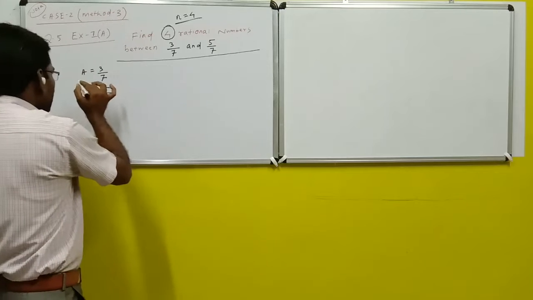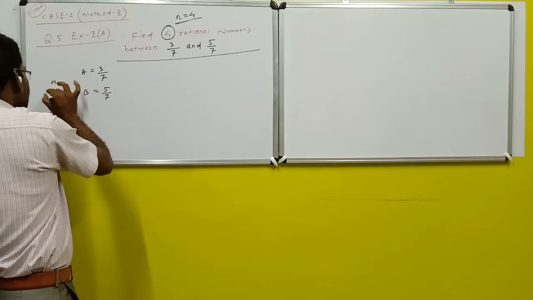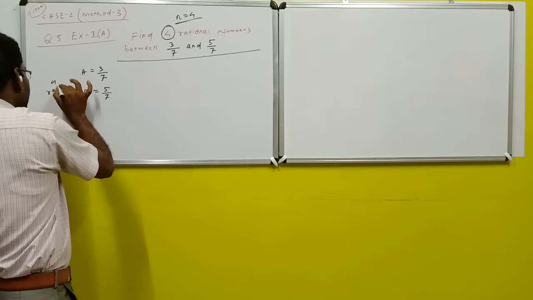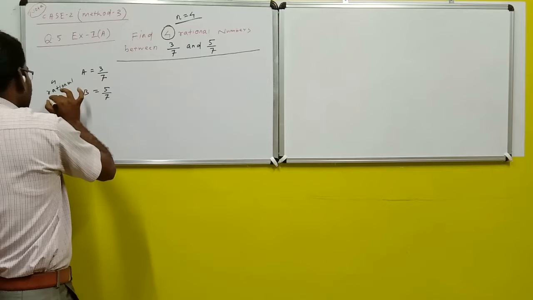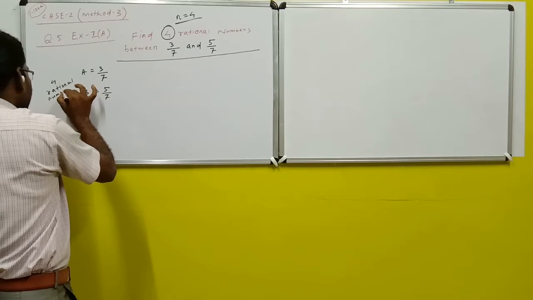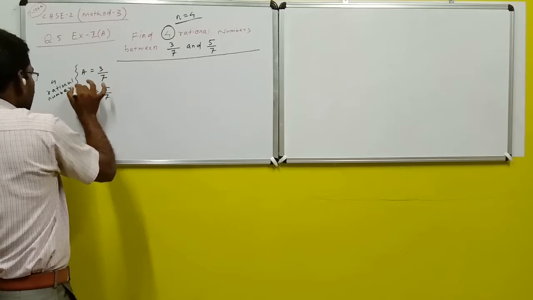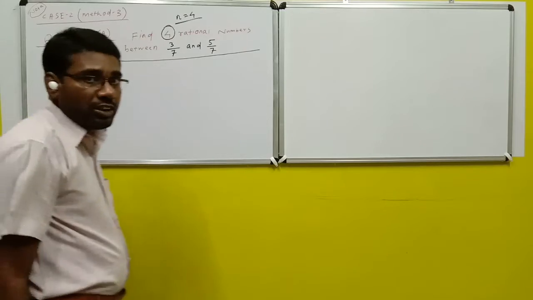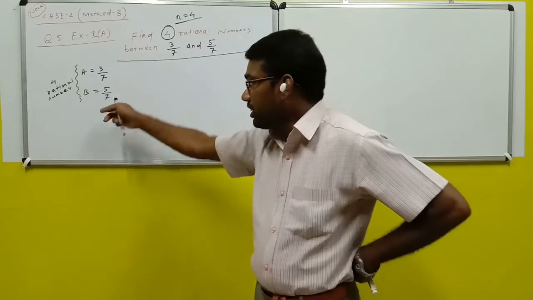And you want to find four rational numbers between them. You want to find four rational numbers between these two given rational numbers.